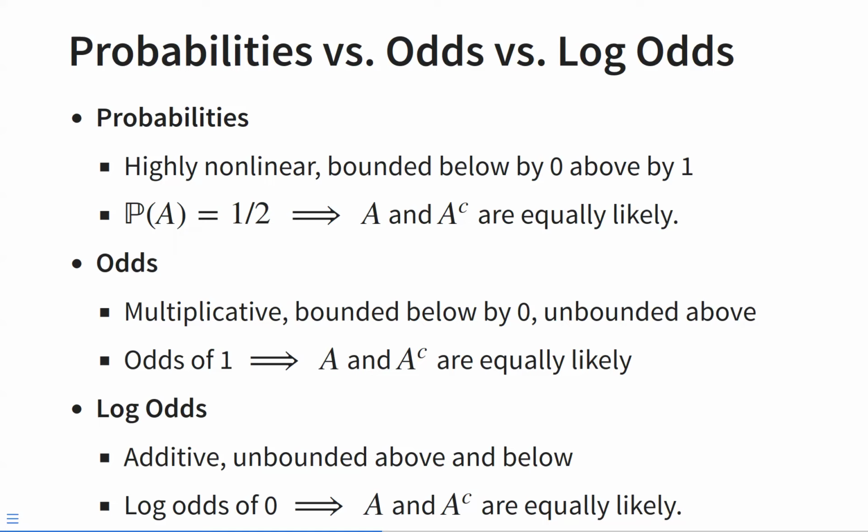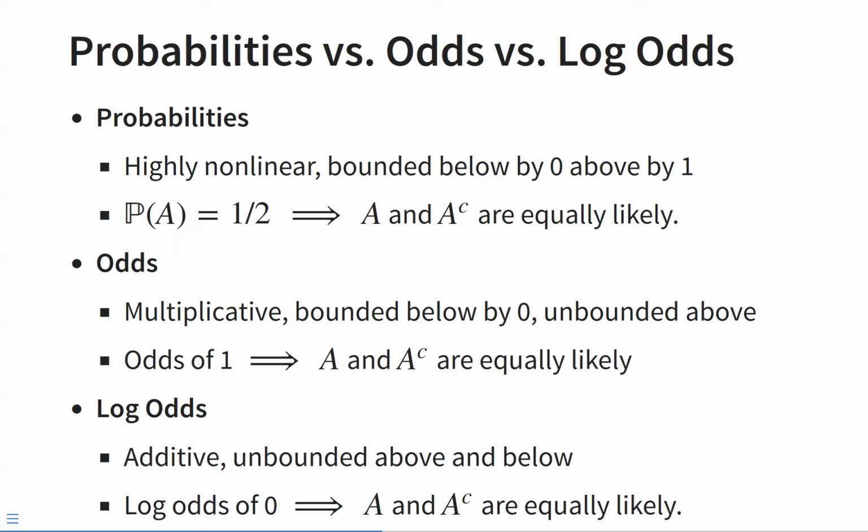To figure out what's going on with log odds, we can take our intuition for logs and our intuition for odds and then take the logs. So we know that log odds are additive. They are unbounded above and below. The reason is that the logarithm tends to minus infinity as the argument of the function tends to 0, and we know that the odds can get as close as you want to 0.